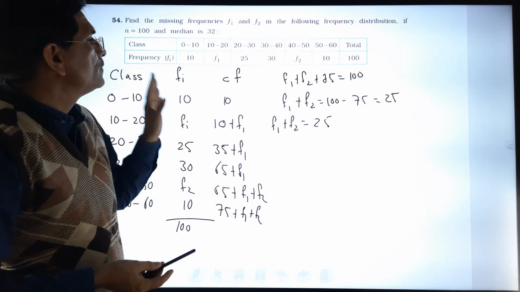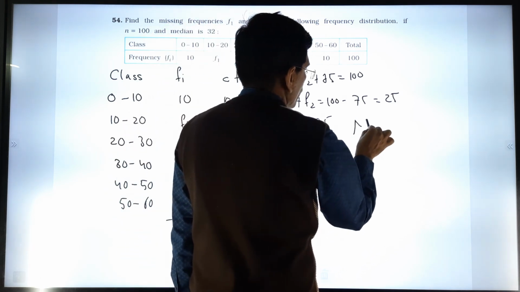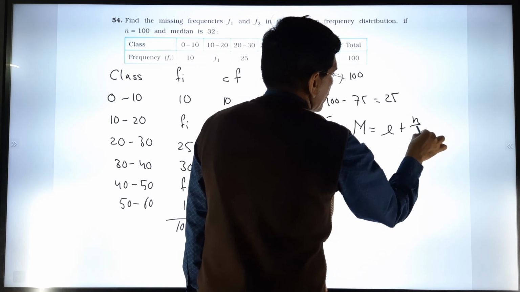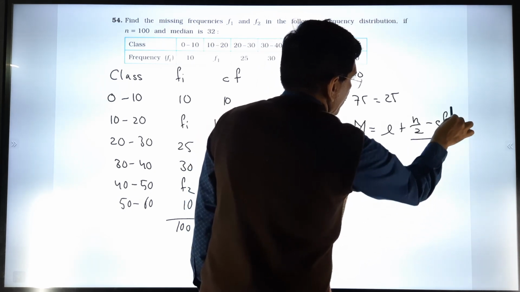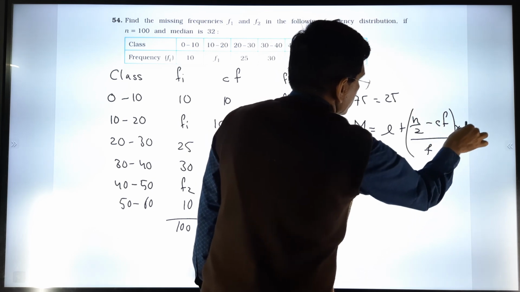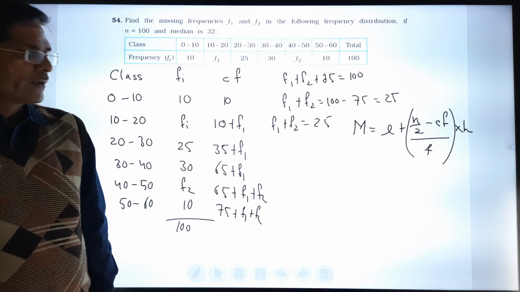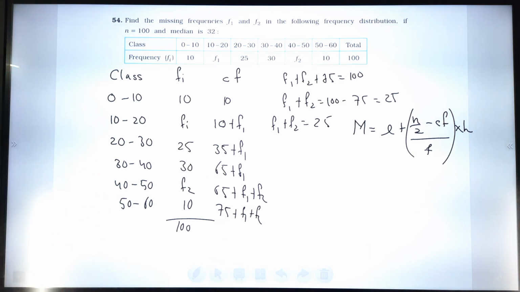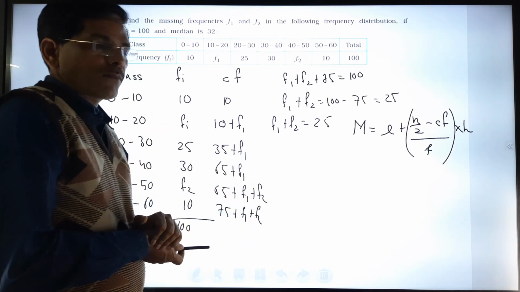Now we have to go through the formula. So median M is equal to L plus N by 2 minus CF upon F into height H. Now everything has been given, and you can solve this. How can we solve this now?